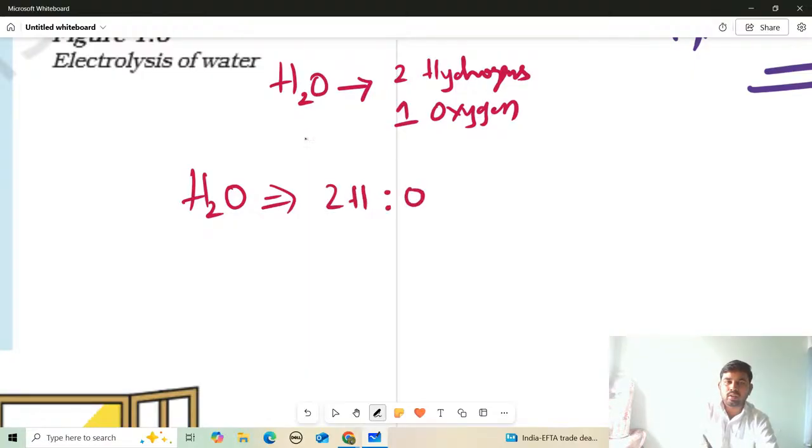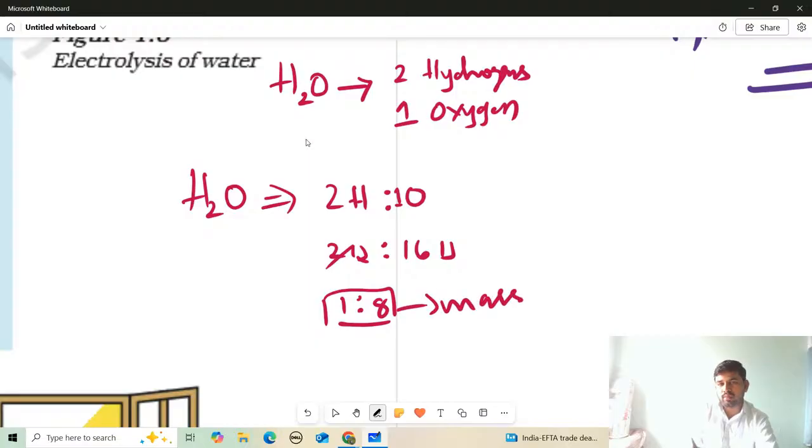The mass of two hydrogens is 2 unified mass, and the mass of one oxygen is 16 unified mass. So we can say the ratio is 2 to 16, or 1 to 8. This is the mass ratio, remember. What is the number ratio, sir? Two hydrogens and one oxygen, so the ratio is 2 is to 1.